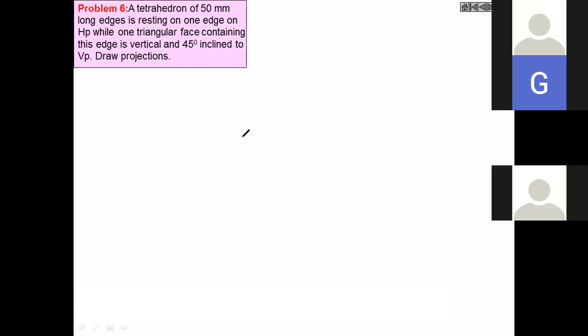Just take a snapshot of this question. I will stop sharing for a moment. You just take the snapshot of this problem statement. Done? Yes, sir. Okay.